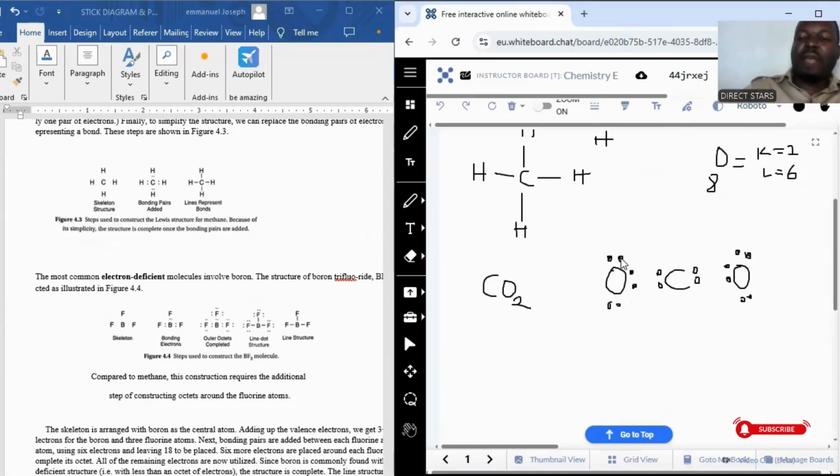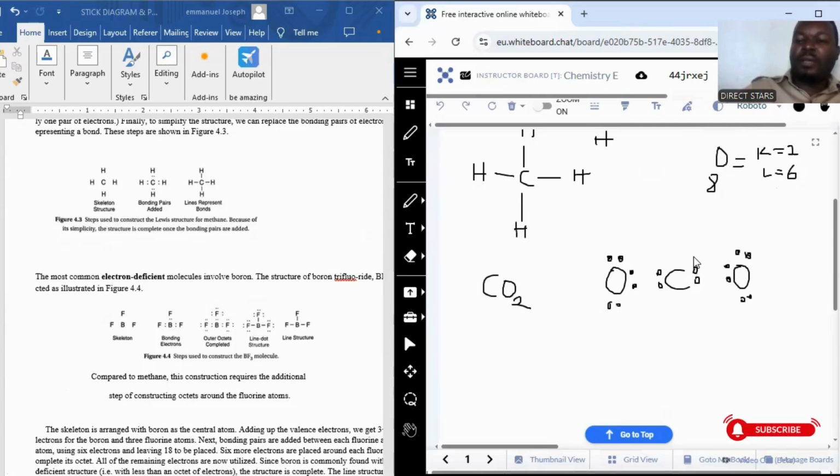And the reason why I have to place these 2 facing this carbon is so that they can bond together. That way, if I want to count after sharing the total number of electrons that oxygen has, remember L is 6, L is supposed to be 8. That's the maximum for that energy level. So these 2 from carbon will make it 8. 1, 2, 3, 4, 5, 6, 7, and 8.